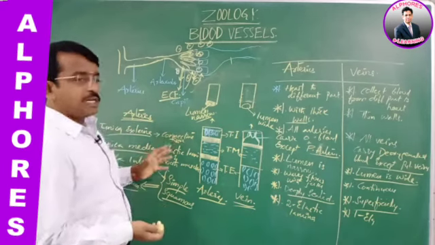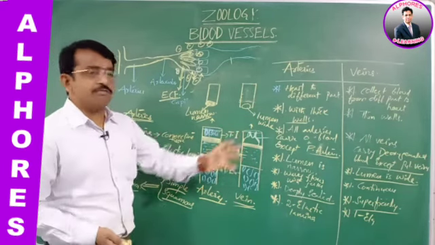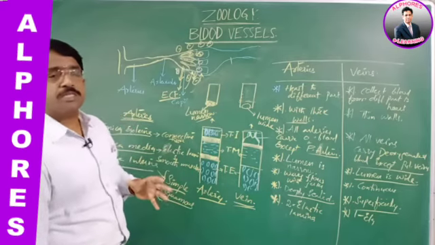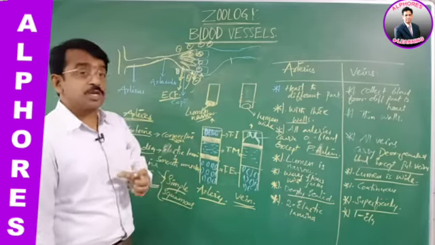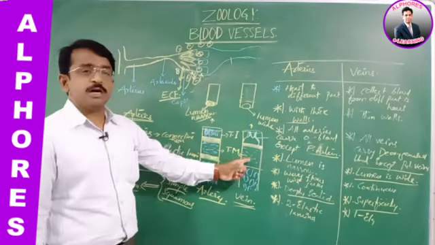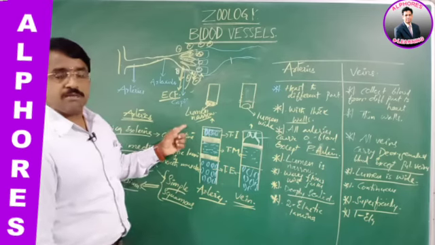In the case of the artery, the collagen and elastic fibers are present, whereas in the veins the elastic fibers are absent.